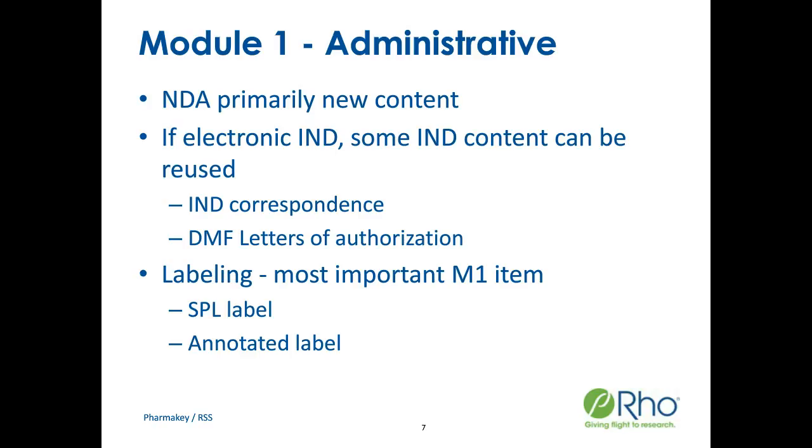So start thinking about that annotated label, and if you can, draft a package insert sooner rather than later. And this is really not a publishing issue, but it often becomes one, because that can often be that last-minute thing that delays your NDA, because all of a sudden, at the last minute, we realize, oh my God, we've got to have an annotated label, and what we have doesn't really reflect what we want.